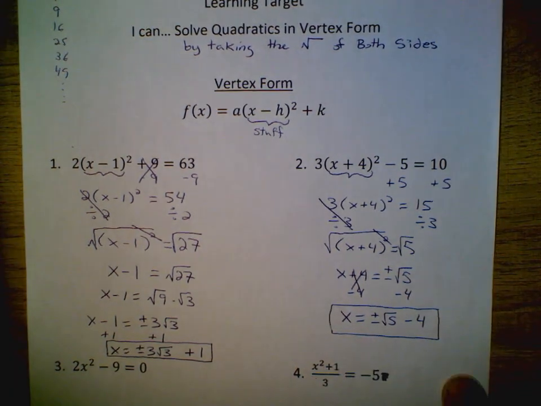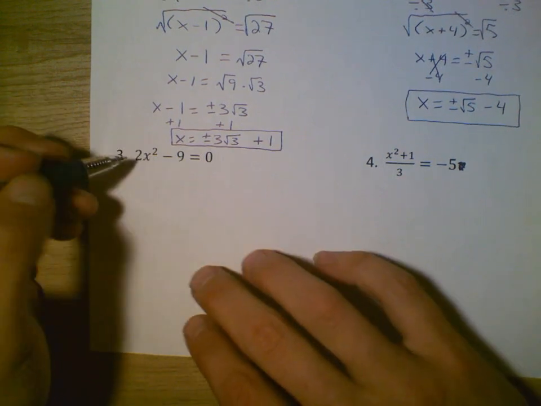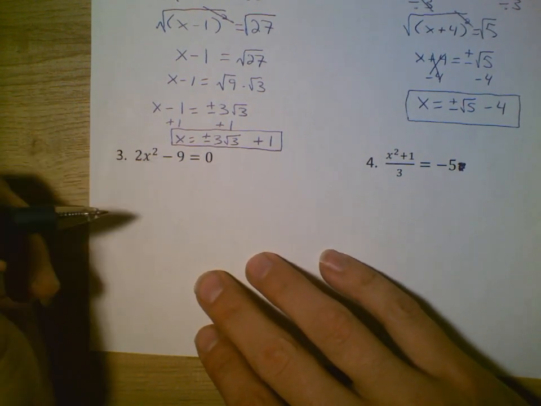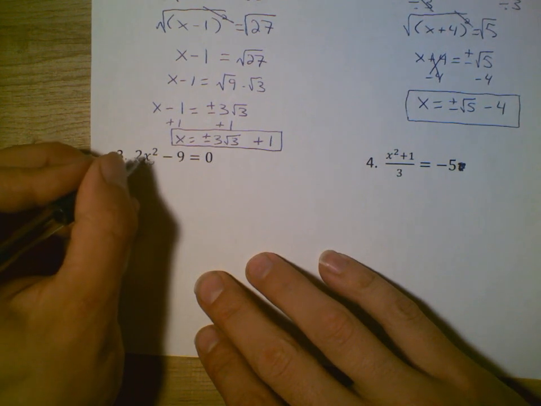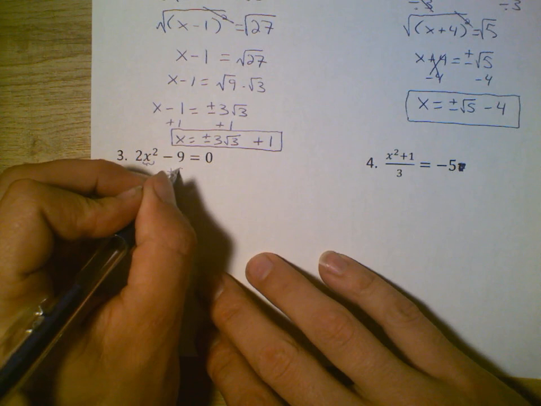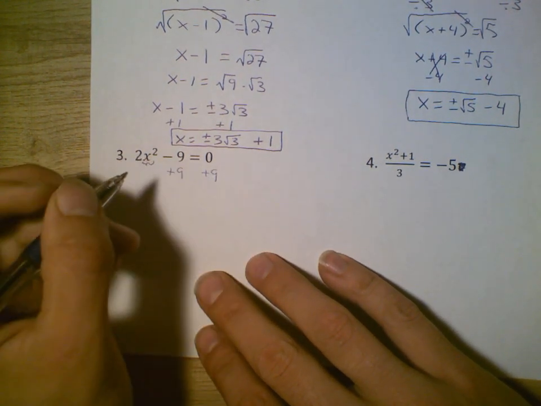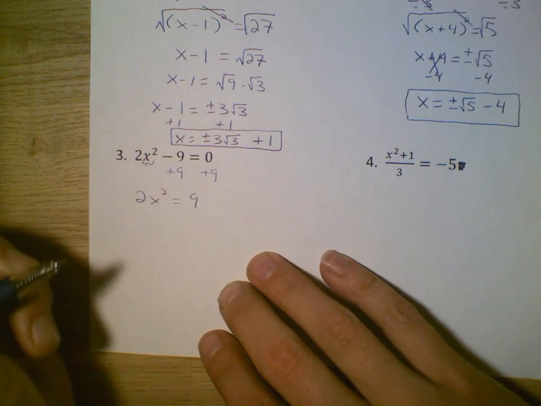All right, let's look at two more examples here. So at number 3, I have 2 times x squared minus 9. And notice this time only the x is being squared. So I just want to get the x squared by itself. So I would start by adding 9. That's going to give me 2x squared equals 9.